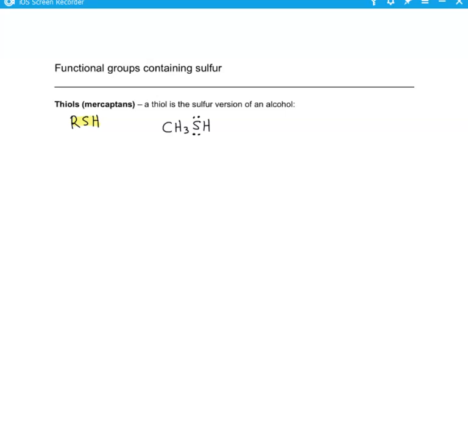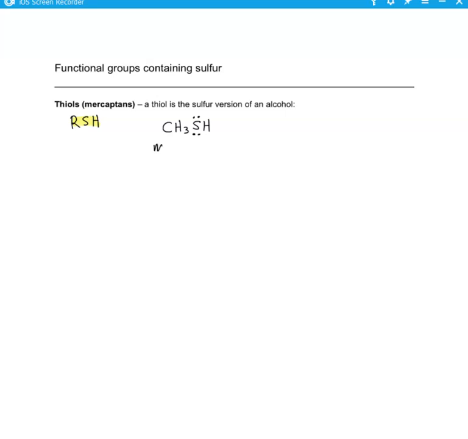Now, sulfur is right below oxygen on the periodic table. And so its bonding and so on is going to look a lot like the bonding in oxygen. The only difference being because sulfur is farther down on the periodic table, it, unlike oxygen, has the ability to expand its valence shell. So it can have more than 8 electrons around it. Not something for us to worry about tremendously, but just a heads up.